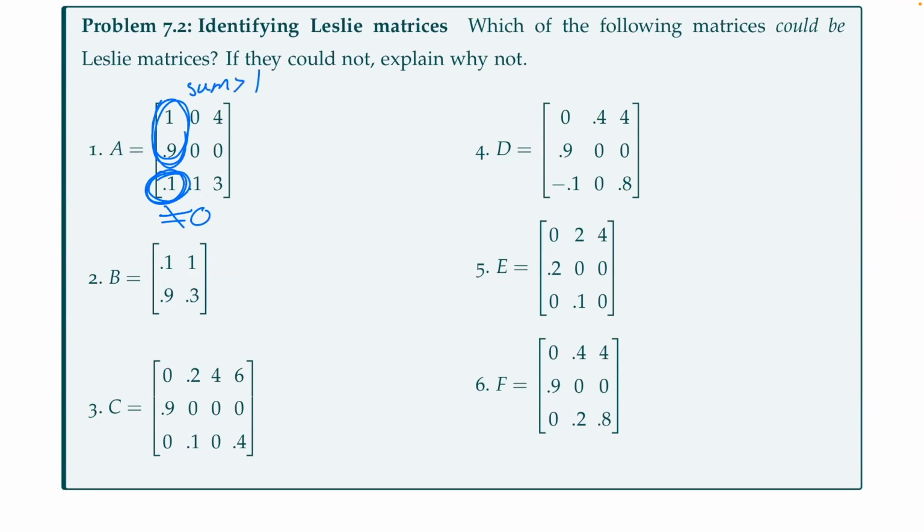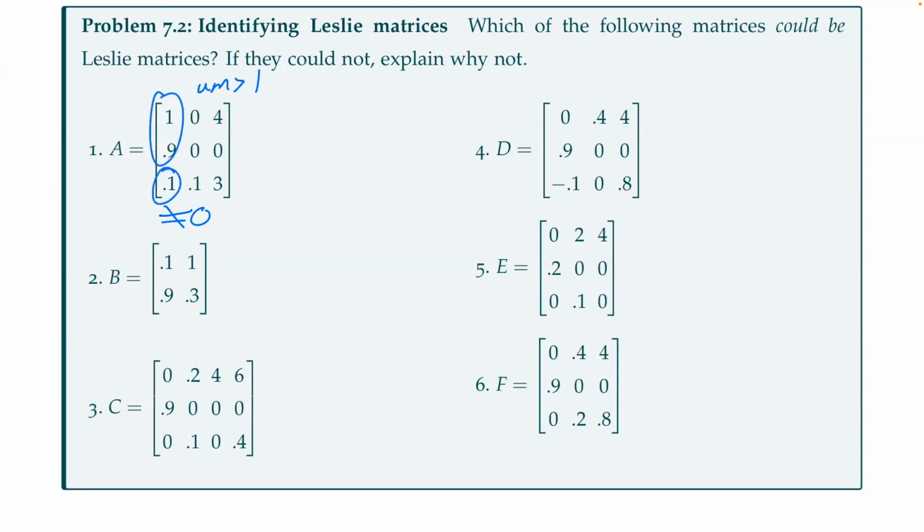This is also a problem, because the 1 in the first row is saying that 100% of the juveniles stay juveniles in the next year. But then 90% of them also age. So we've suddenly got 190% of the juveniles. So also think about what it means for some of these terms to add up. In this case, the sum is greater than 1.